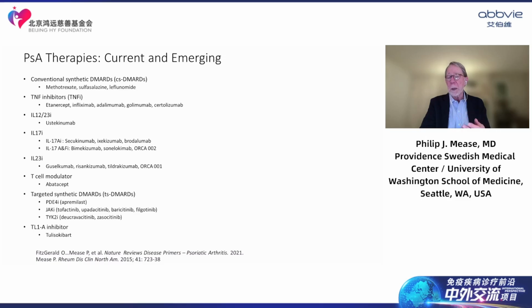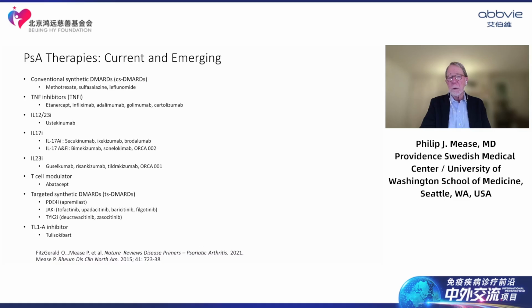The currently approved example of the latter is bimekizumab. And there are others in development, including sonelokimab and a very long-acting medication known as ORCA-002.